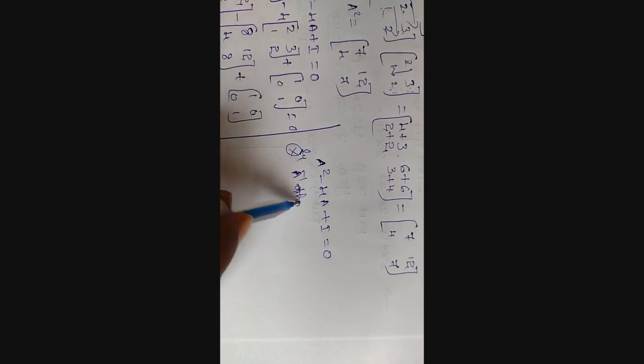Next we have to find A inverse. To find the value of A inverse, we take the equation A square minus 4A plus I is equal to 0 and multiply A inverse throughout the equation.